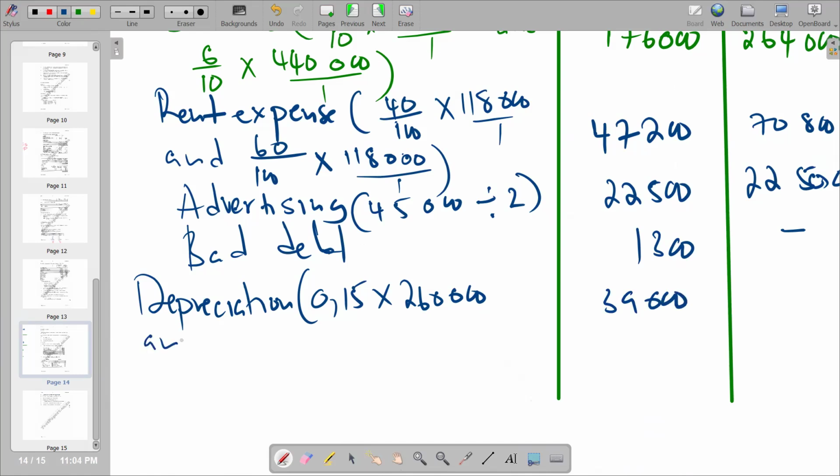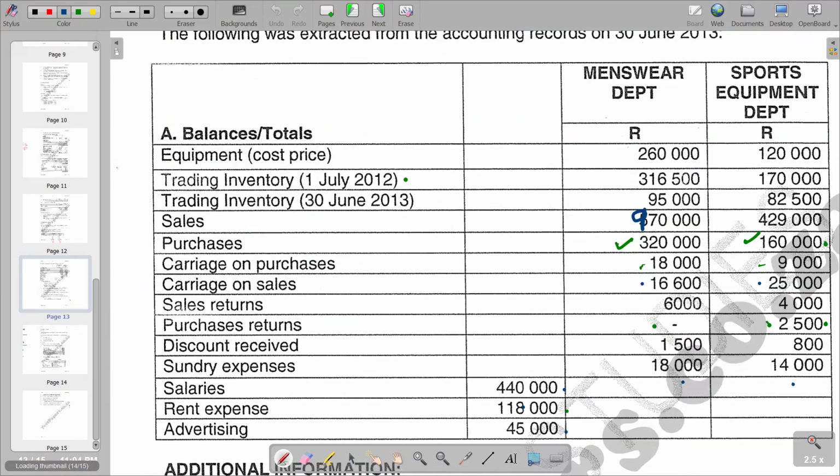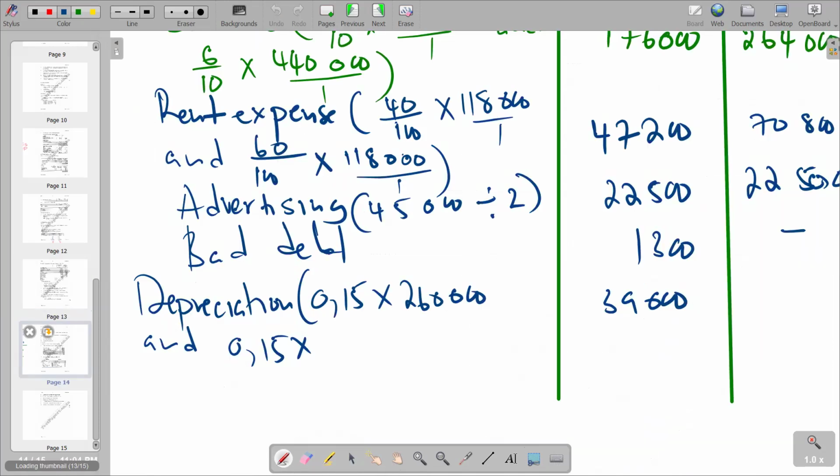And we also have a calculation for the sports equipment department, whereby we say also 0.15. We multiply by the cost for that. We're given it is 120,000.